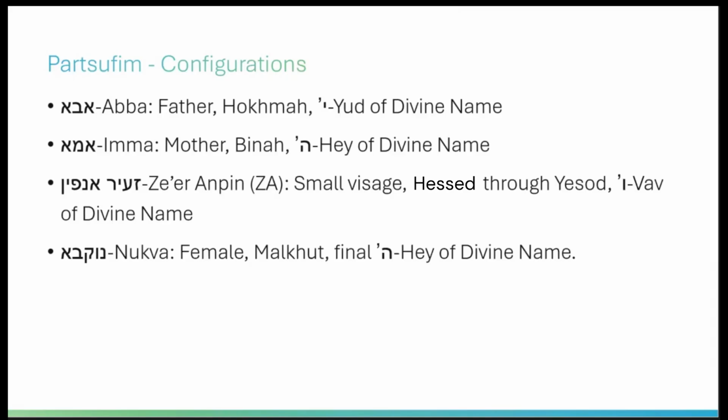Nukva literally means female, and that's Malchut, the final Hey of God's name. In this layout, we have two male aspects and two female aspects, because of the letters Hey: there's the upper Hey and the lower Hey, and they're both feminine. One is mother and one is daughter. And then you have father and son.